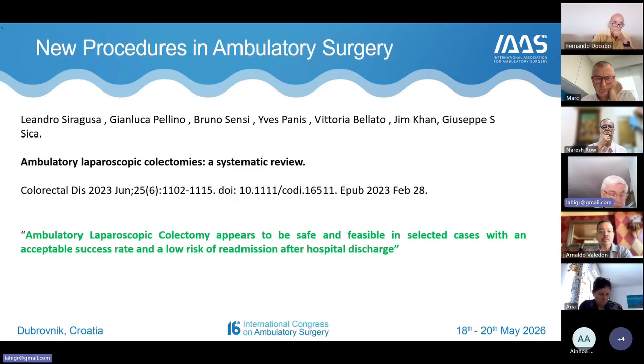Again, it's feasible, but with strict selection of the cases. We need to consider the problem of early follow-up when complications take place, and always take into account the concept of patient safety.